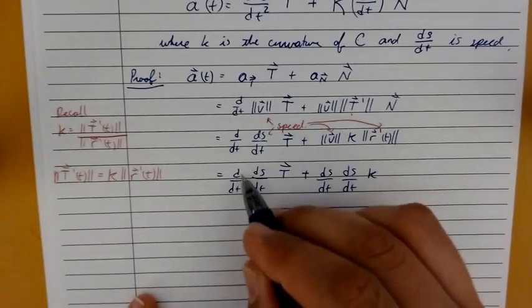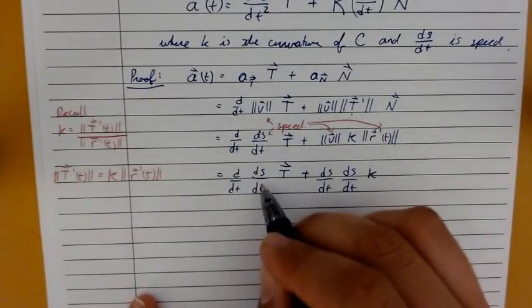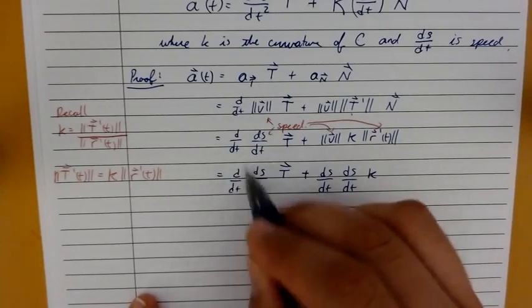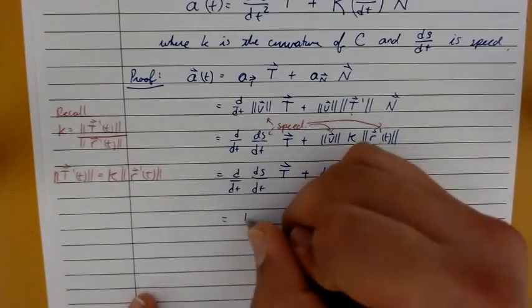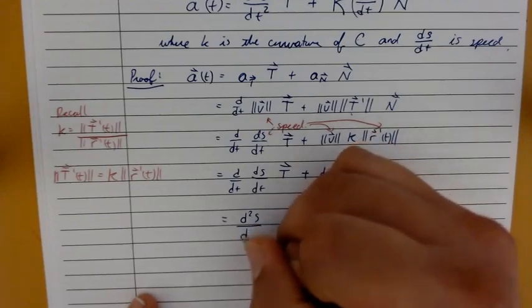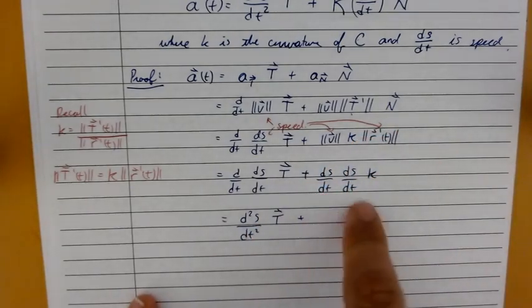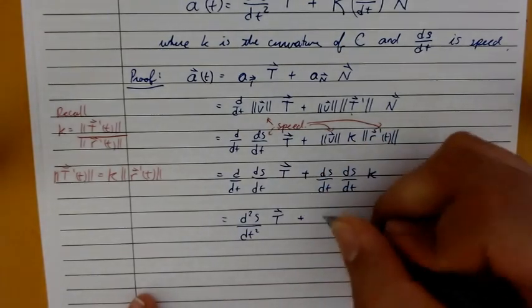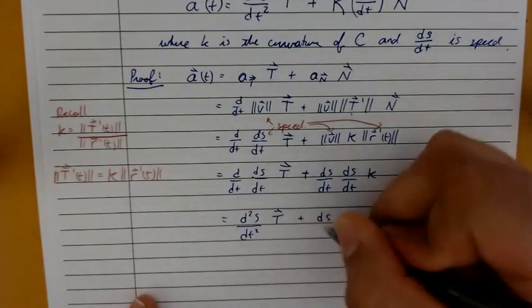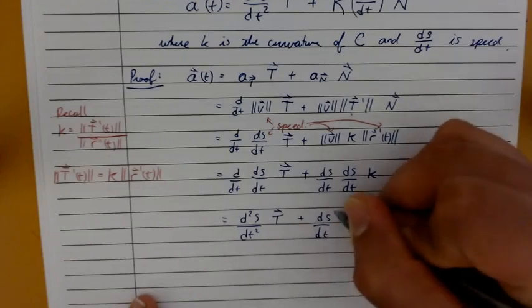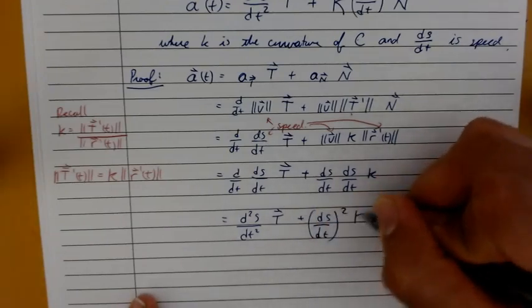Oh, but now that's just the second derivative, because that's already a derivative with respect to t, and that's another derivative with respect to t. So we can write this as d squared s/dt squared of t plus, and here that's the derivative times the derivative again. Well, that's the derivative squared. That's going to be the speed squared, ds/dt squared, times the curvature.